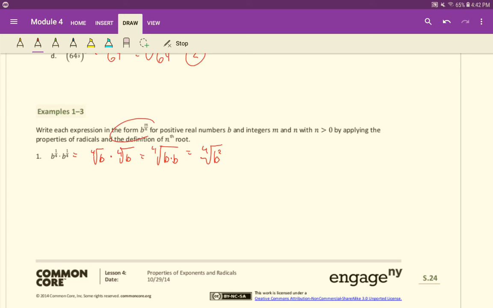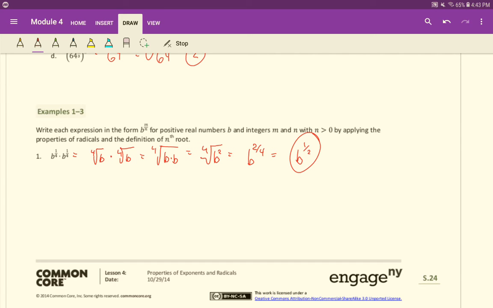But we want to express it in this form, so I need to rewrite this as b to the 2 over 4, right? The 4th root of b squared would have the 4 in the denominator and the 2 in the numerator. And that 2/4 can simplify to b to the 1/2.